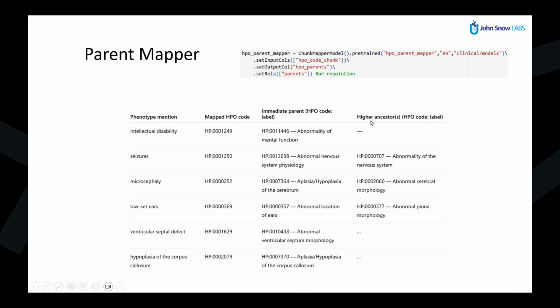For some of these phenotypes, the highest or a higher level ancestor here is abnormality of the nervous system. So seizures are related to the nervous system, and you can get the immediate HPO code, and then the HPO codes for the immediate parent, and then in the last column on the right, you will get the HPO code again, this one for abnormality of the nervous system.